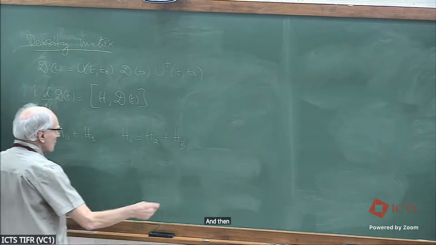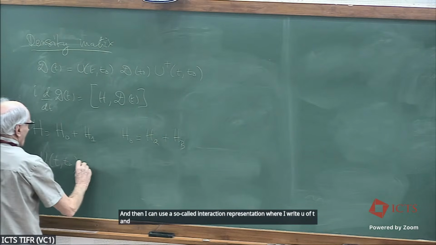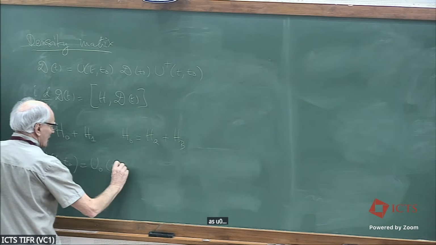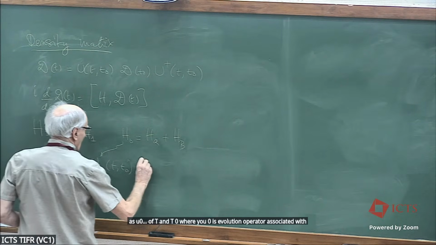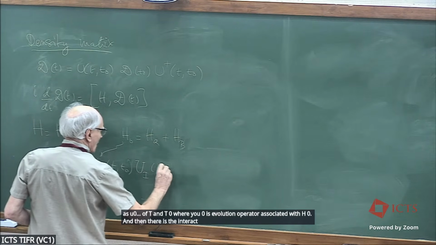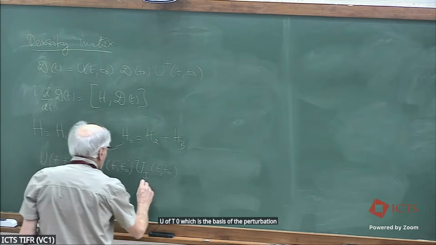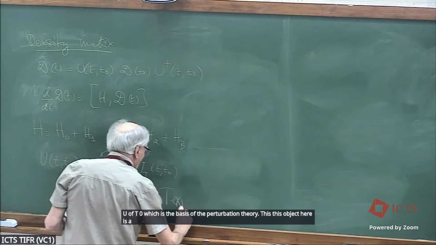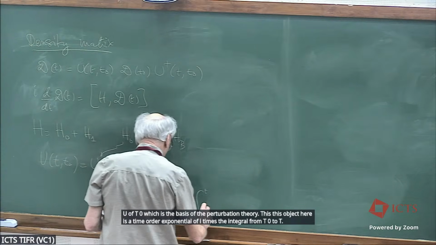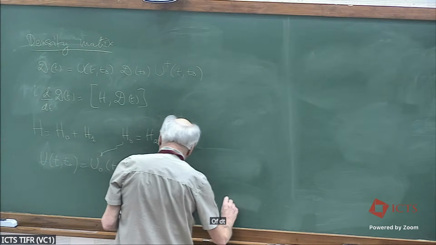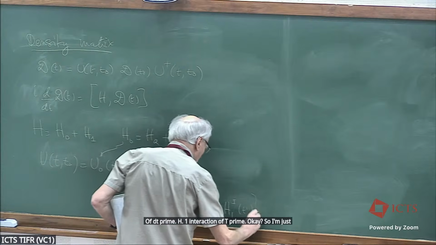And then I can use a so-called interaction representation where I write U(t, T0) as U0(t, T0), where U0 is the evolution operator associated with H0, and then there is the interaction operator T(t, T0), which is the basis of the perturbation theory. This object here is a time-ordered exponential of i times the integral from T0 to t of dt' H1 interaction of t'. So I'm just doing standard perturbation theory at the moment.